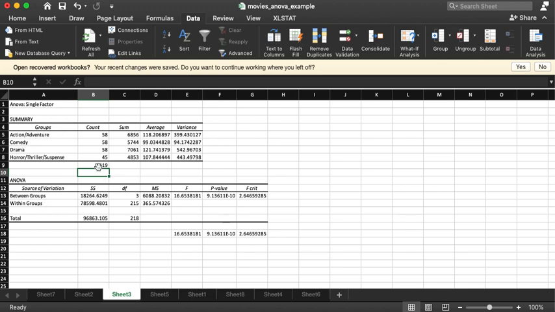There are 219. And then we subtract 4 because there are 4 groups. We get 215. That part's all very straightforward. So that is how we can use the Data Analysis Pak to do a single factor or one-way ANOVA.